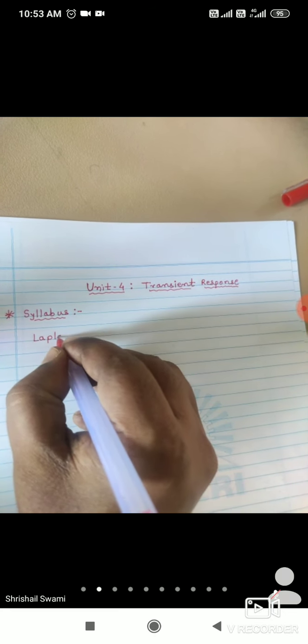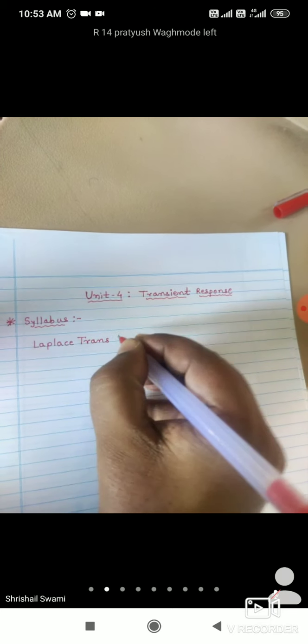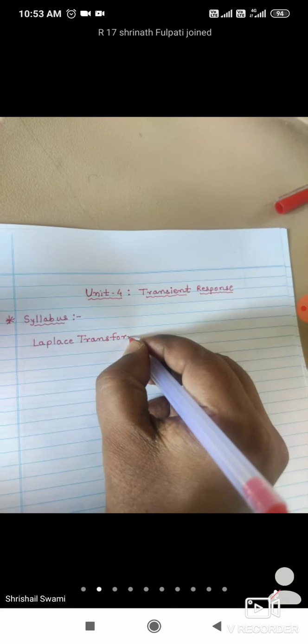So we'll start according to our triple P pattern. First of all, we will start with the syllabus for this unit. From the syllabus point of view, I will write that we have to use the Laplace transform.